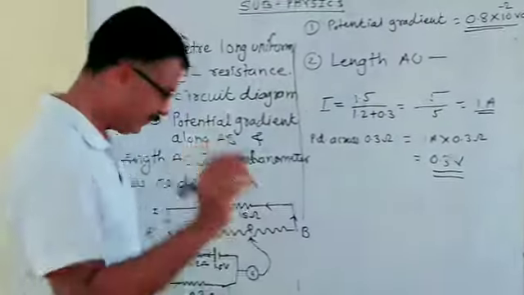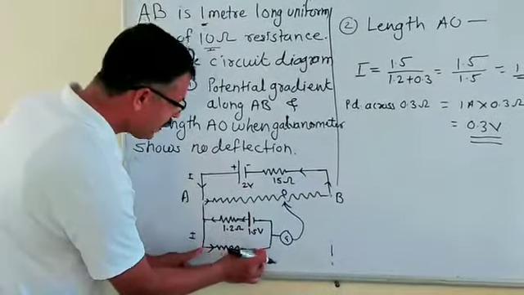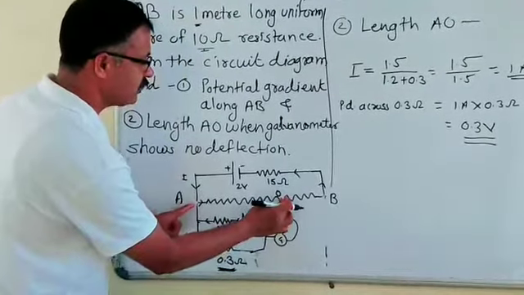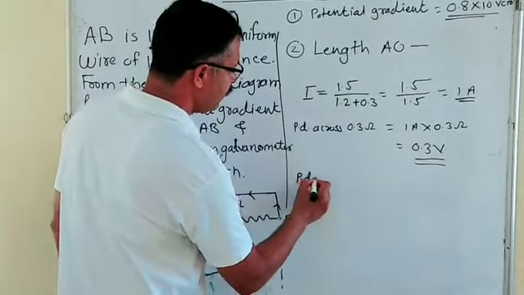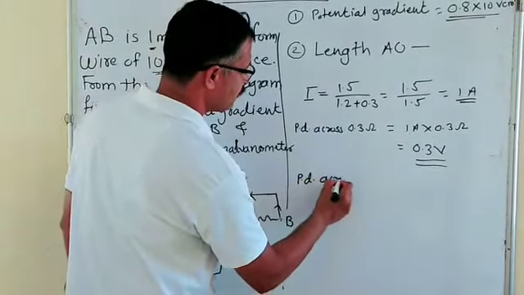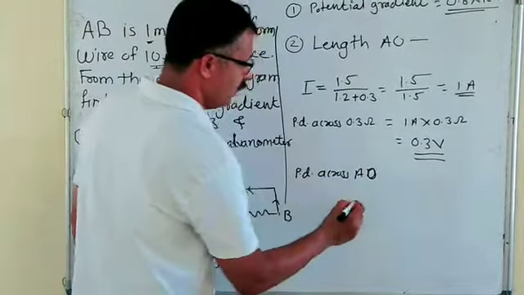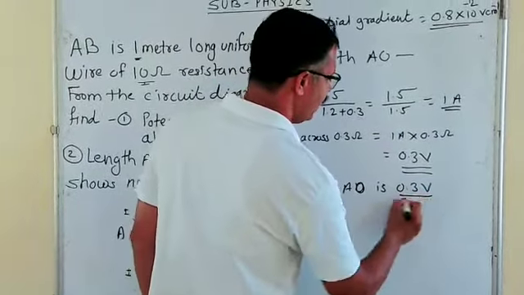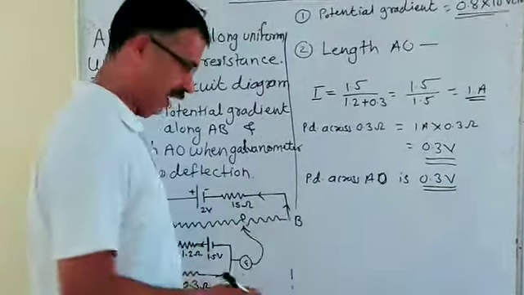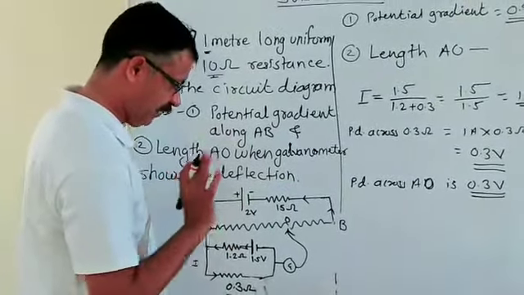0.3 volt is the potential difference across this resistor. The same potential difference is across AO. Hence we can write that the potential difference across AO is 0.3 volt. Now friends, we will adopt very simple mathematics.